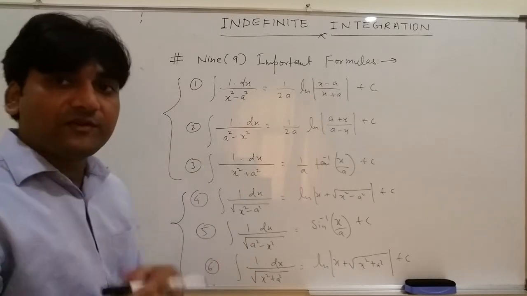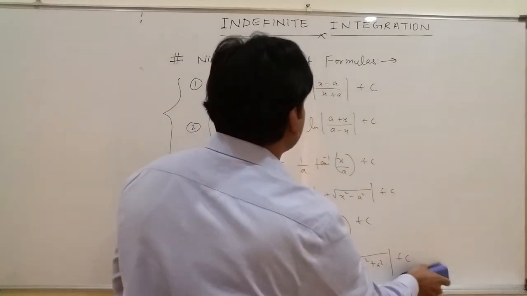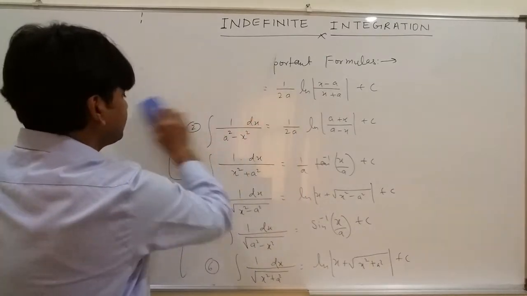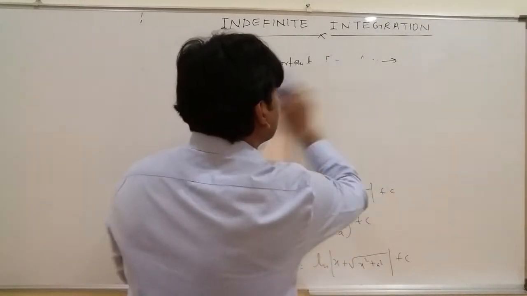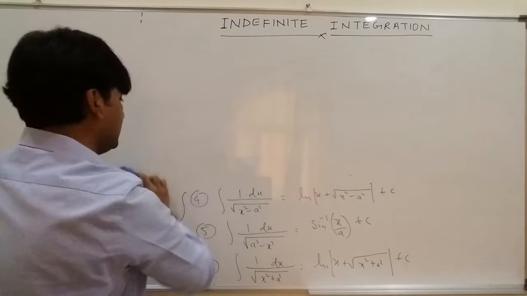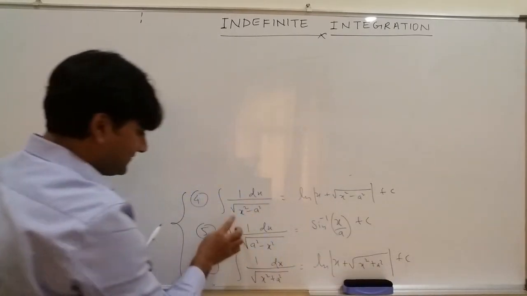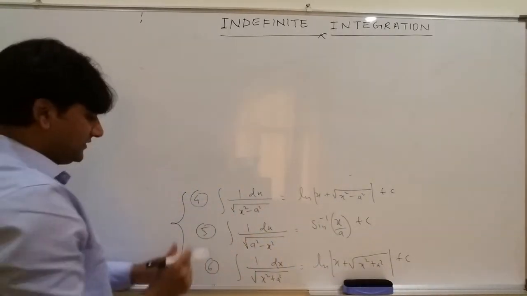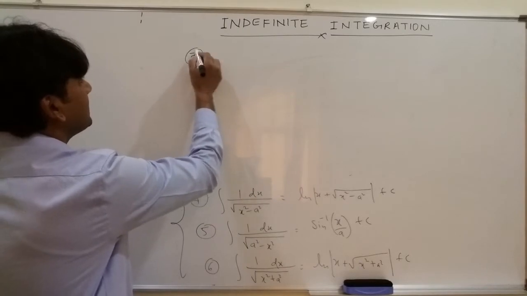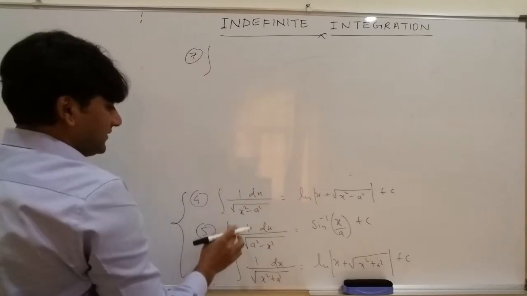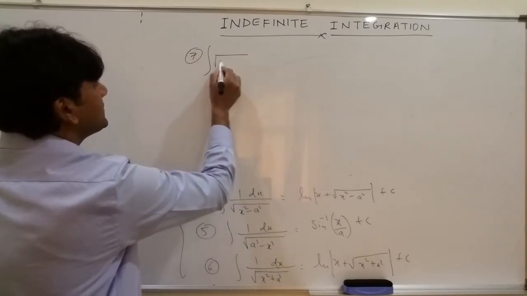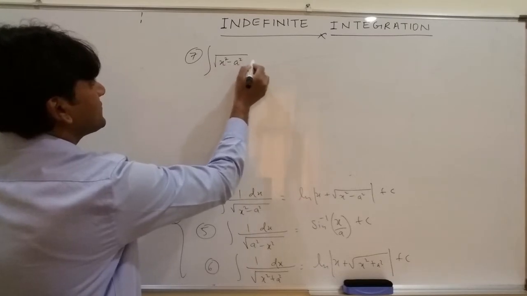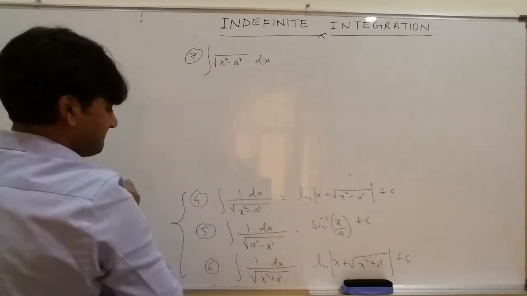Now we have 3 more formulas which I will write here. Those will be same thing but in numerator. So this is 6. Now 7th. This is root x square minus a square dx.